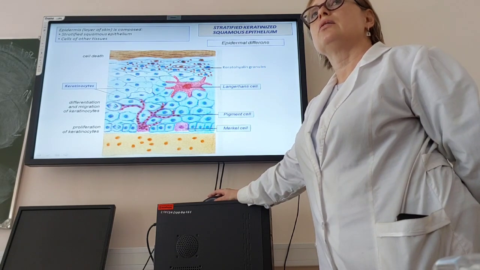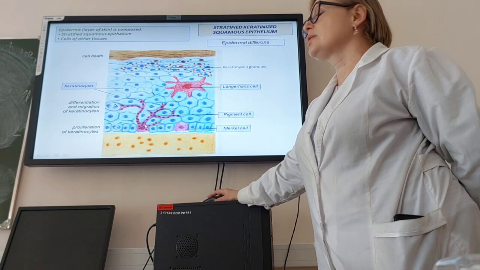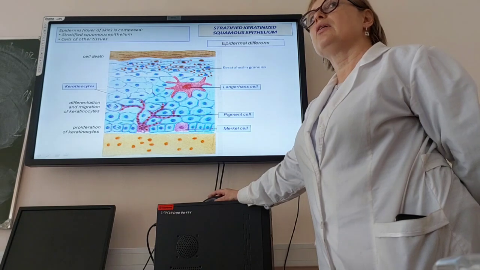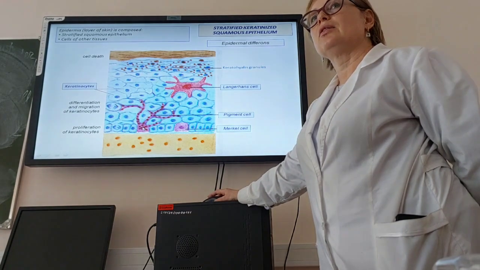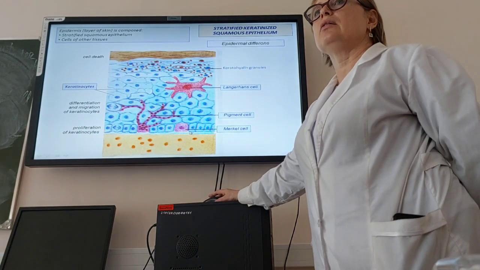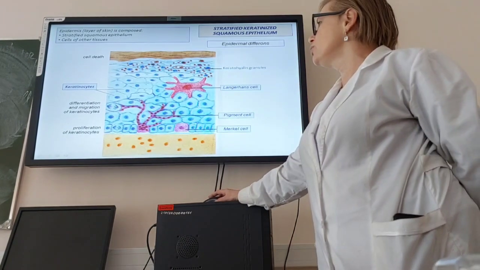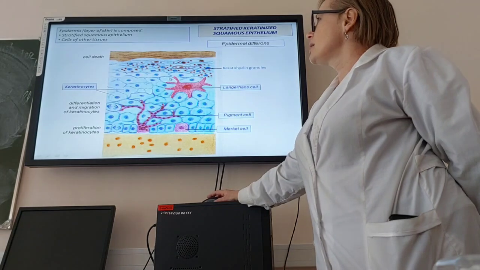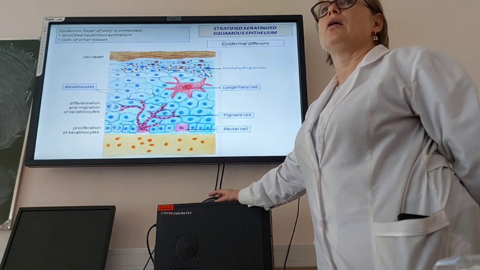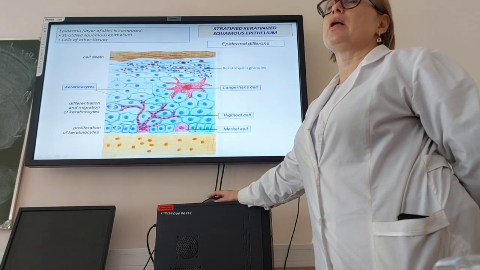After embryology studying, who remembers, the pigmental cell arises from the neural crest. As does the Merkel cell, this sensitive cell belonging to nervous tissue. They also arise from the neural crest. Langerhans cell belongs to macrophages. So they arise from blood stem cells.